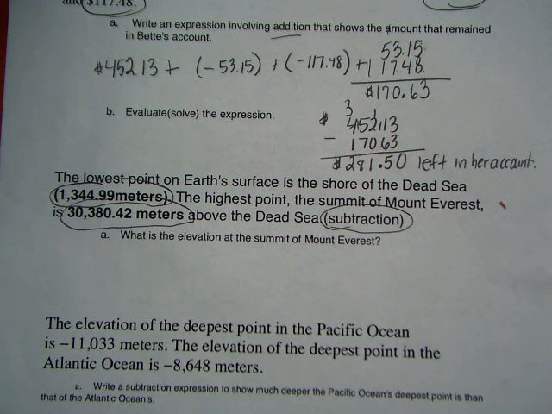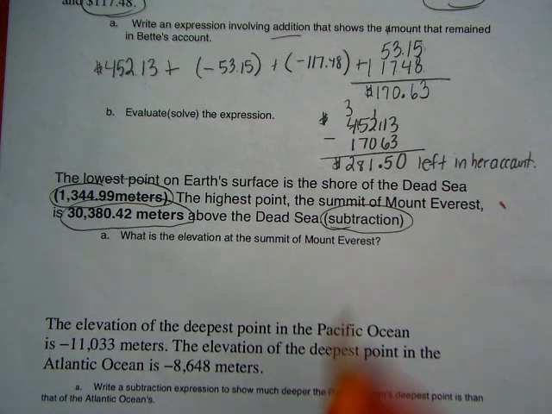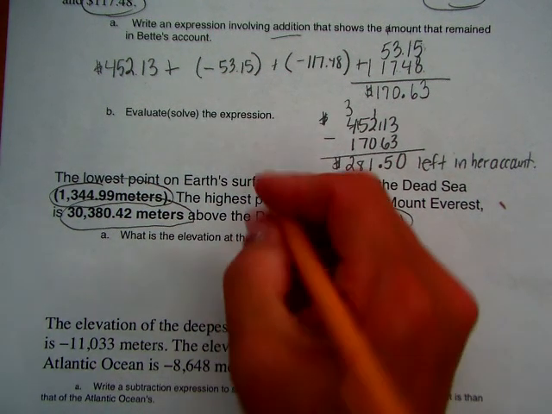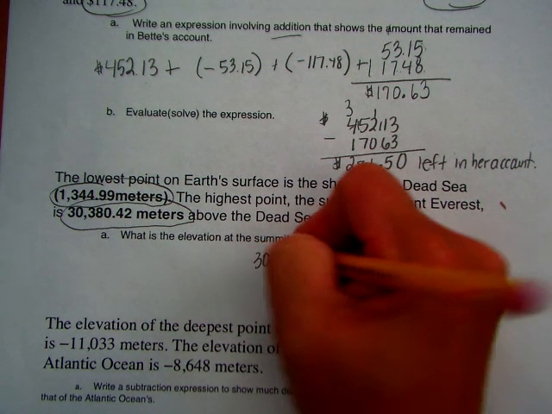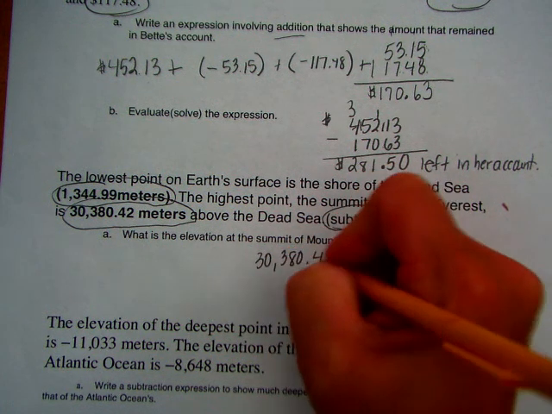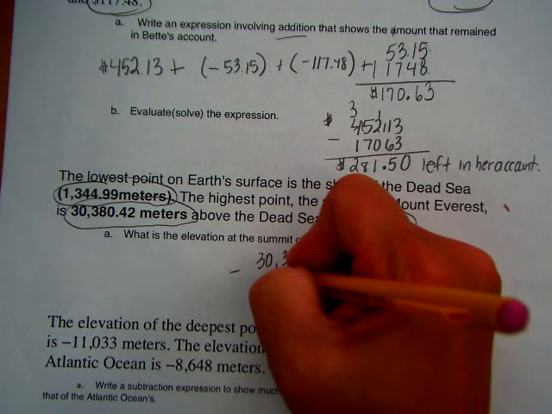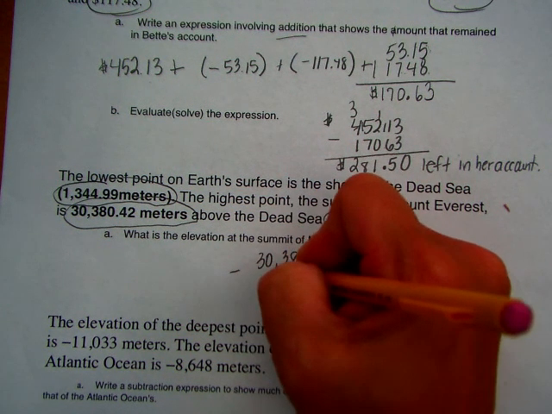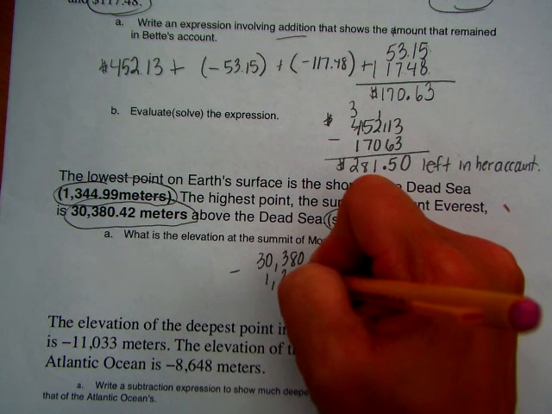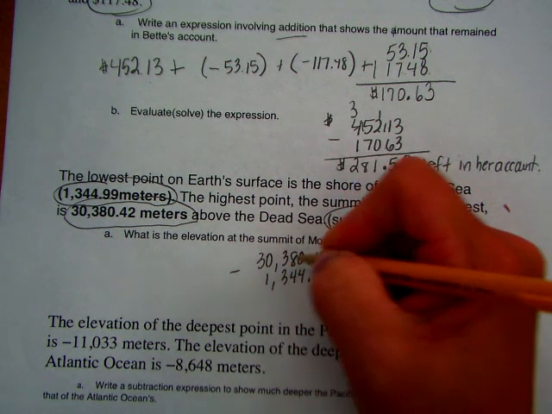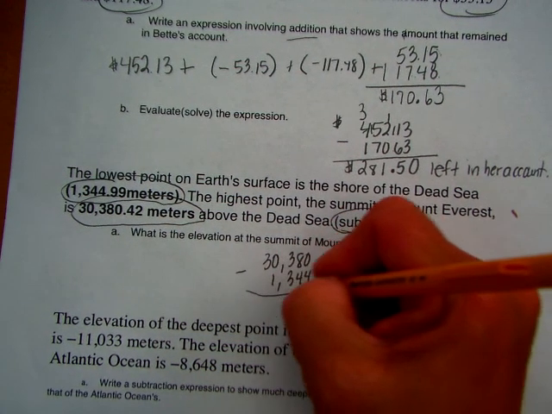Well, all you have to do here is the actual problem. So when you do subtraction, you always put the biggest number on top. Biggest number being 30,380.42. Just be very sure to line up your decimal points. You have to line up your commas too. 344.99. But most importantly, lining up your decimal points.